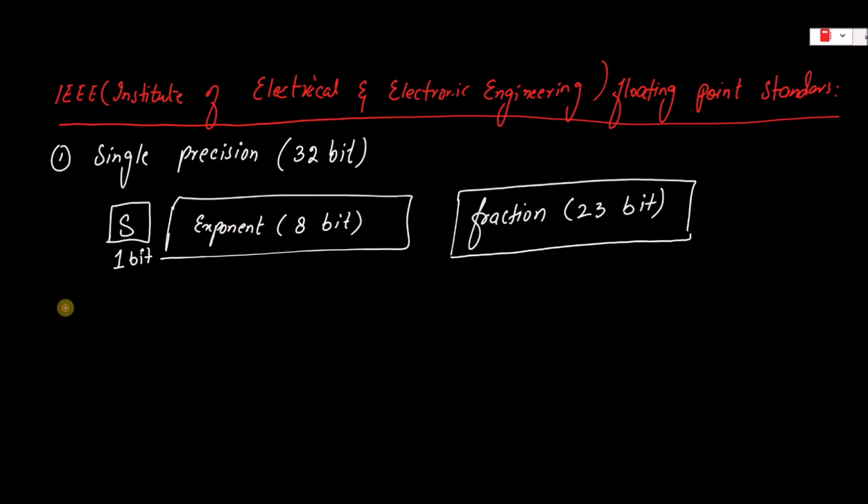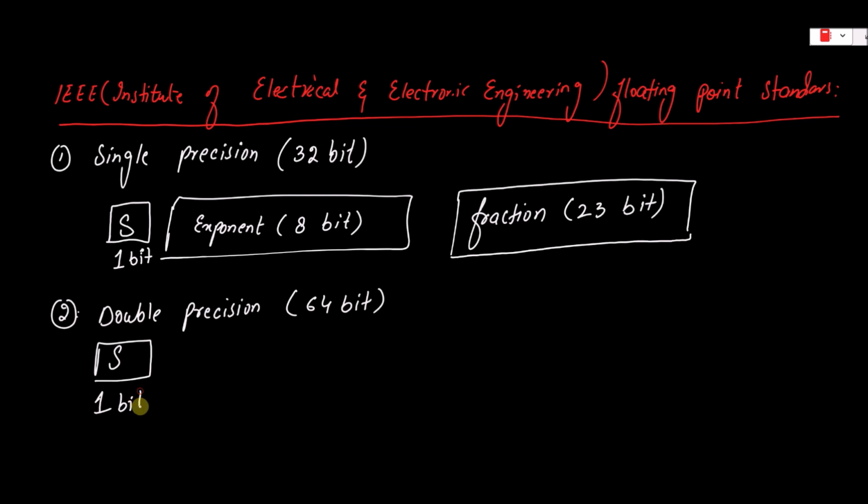Secondly, we have the double precision. In double precision, we are allowed 64 bits as a whole. For the sign, they use 1 bit in case of a negative, and it will not use any bit in case of a positive. Next, we have the exponent part, that is allowed 11 bits.